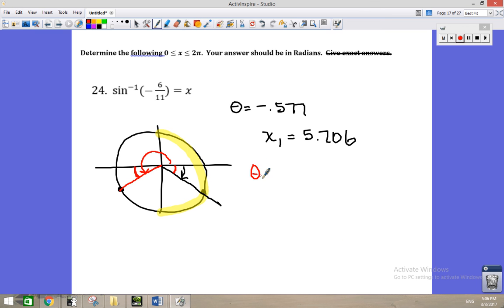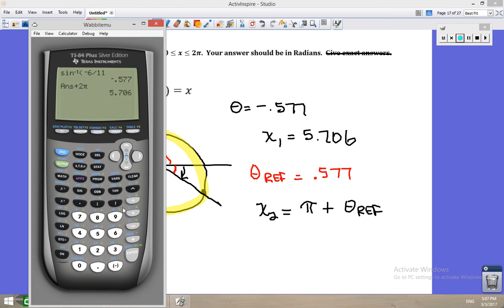They're between 0 and pi/2. So my reference angle is just positive 0.577. So this angle that I want for my second solution is pi plus this reference angle of 0.577.